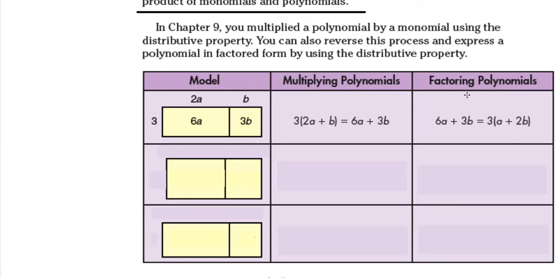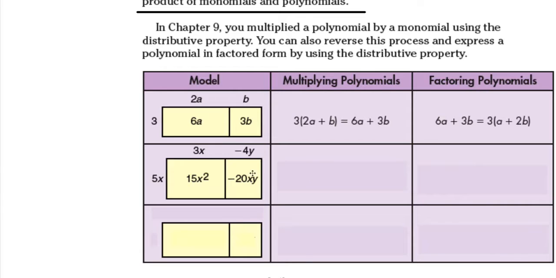We simply switched it. Okay, so let's take a look at model number 2, where the width is 5x and the length is 3x minus 4y. So that means if I have these two rectangles, the area of this rectangle would be the product of 5x times 3x, which is 15x squared, and the area of this rectangle would be the product of 5x times negative 4y, or negative 20xy.